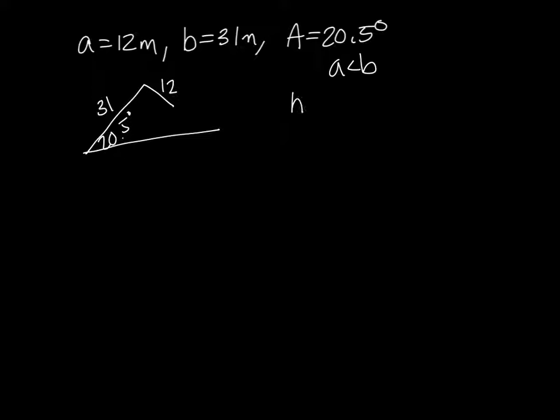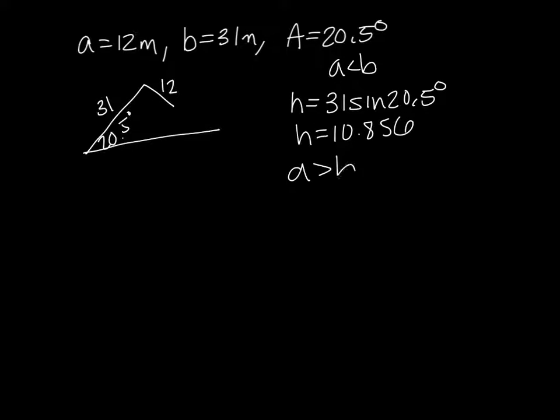Okay, so once again, I do H equals B, which is 31, times the sine of A, which is 20.5 degrees. 31 times the sine of 20.5, and we get that H equals 10.856. Well, that means A is bigger than H.